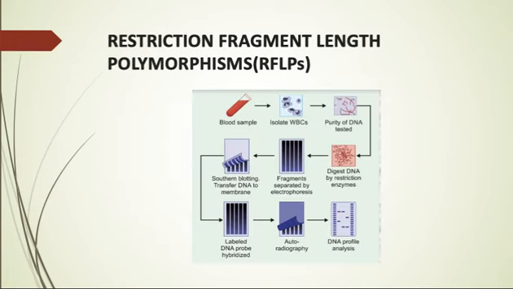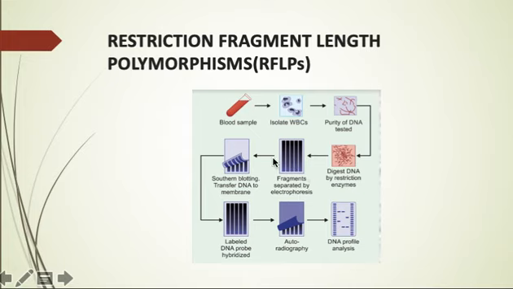So we'll have a look at how the RFLP can be used. The blood sample is taken, then the WBCs are isolated, and then the purity of the DNA is tested. Then the DNA is digested by the restriction endonuclease enzyme, and then the fragments are separated by electrophoresis, right?